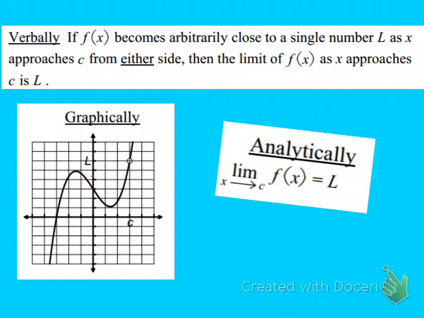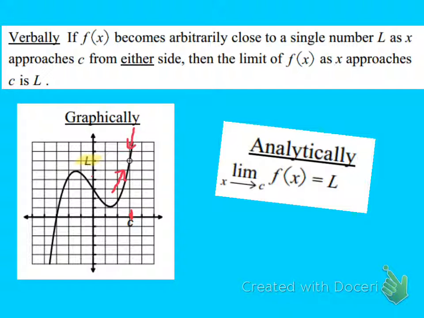Let's say that L is our limit, what we are approaching, or getting closer and closer to, as we are approaching this C value from the left and from the right.